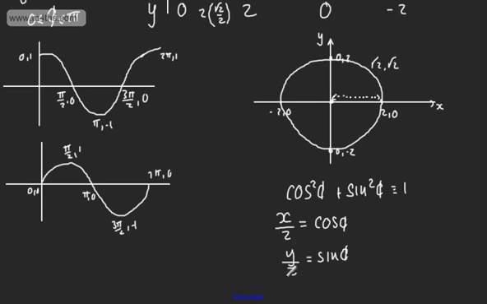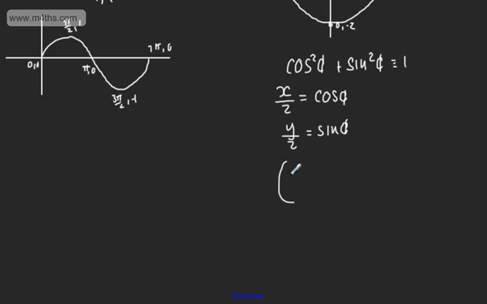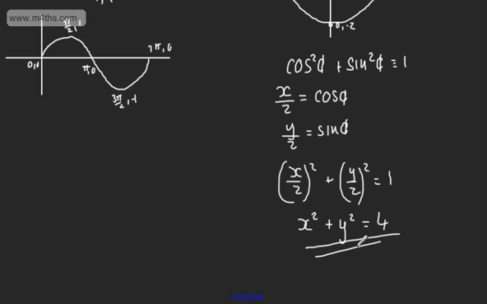Therefore, if I square each of these terms, x over 2 all squared plus now y over 2 squared will be equal to 1. If I multiply through by 4, x squared plus y squared is equal to 4. Now, we've seen this before. This is a centre circle, 0, 0, and a radius now of 2.